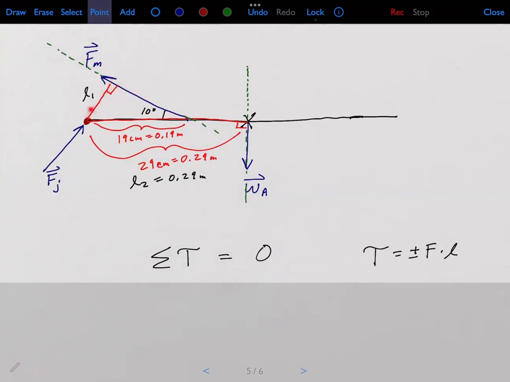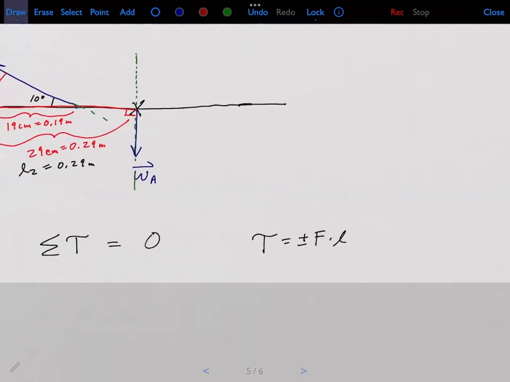Okay, so how do I calculate that L1? Well, I have a right triangle here that I can extract. Let's actually just draw that somewhere else. Let me draw that right triangle. So I'm looking for this distance, L1, and I know this distance is 0.19 meters, and I know this angle is 10 degrees.